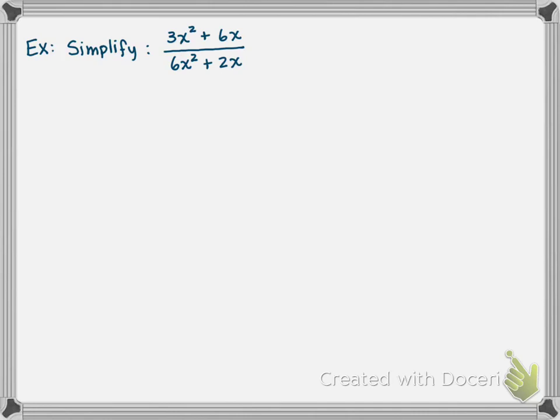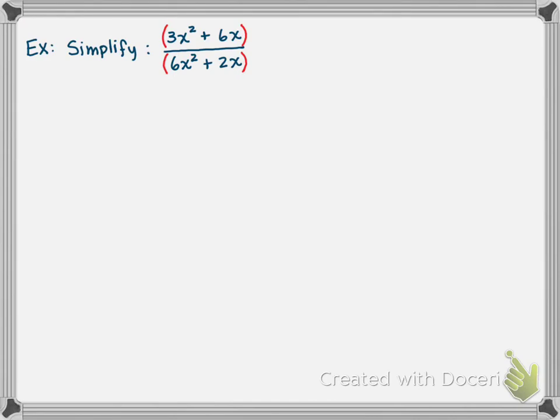The first thing I'm going to do is look at the numerator and denominator and ask myself if they are products. So is the numerator a product? It's not, right? Because there is addition between those terms. If there's addition or subtraction, I always put the entire numerator in parentheses and the entire denominator in parentheses, and those parentheses help me remember that I can't cancel anything at this point, right?